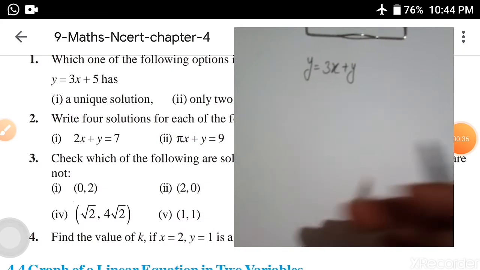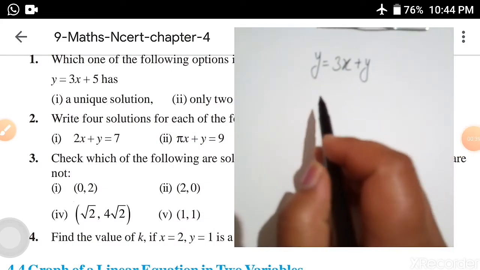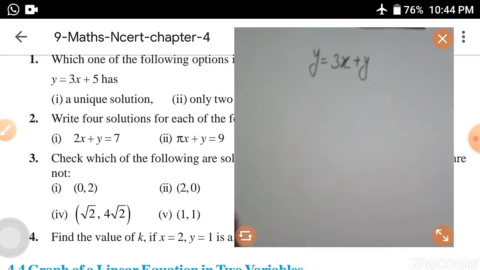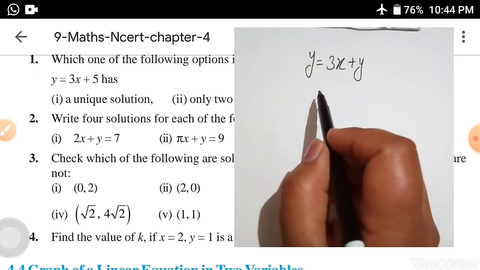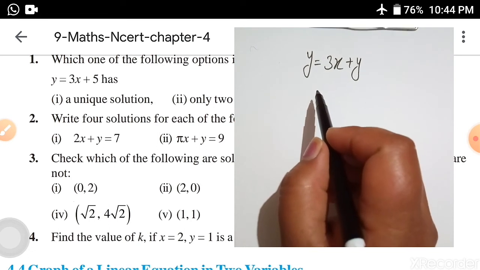Now you can see that this is the equation y is equal to 3x plus 5. For this, you have to find out whether it has a unique solution, two solutions or infinitely many solutions.